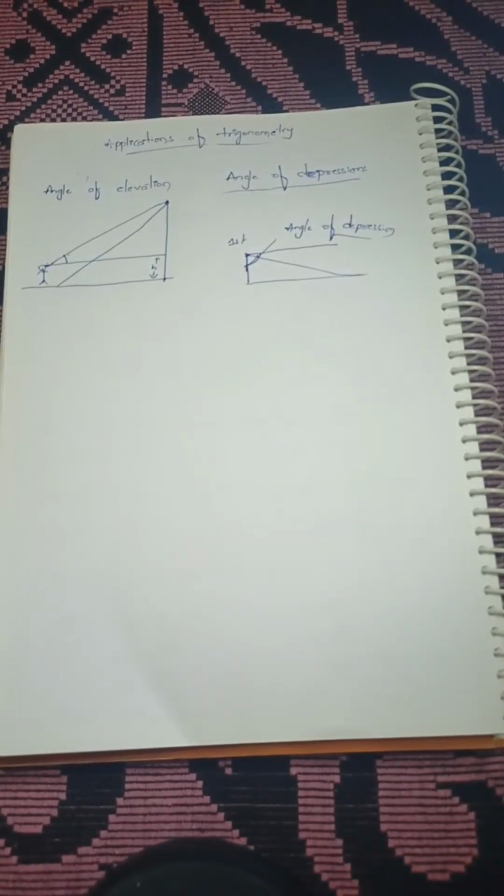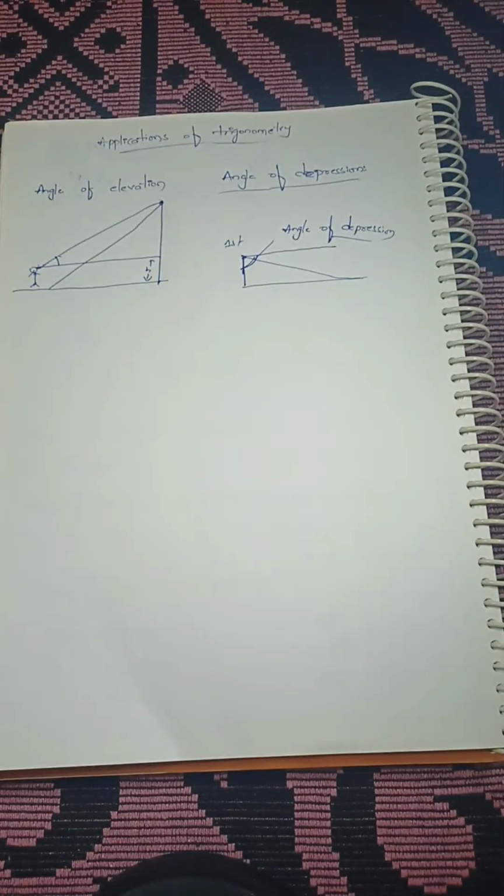Sir, how to find out angle of elevation and angle of depression? That will be decided by the problem given in the question. It decides whether we have to find the angle of elevation or the angle of depression. That is the most important thing.